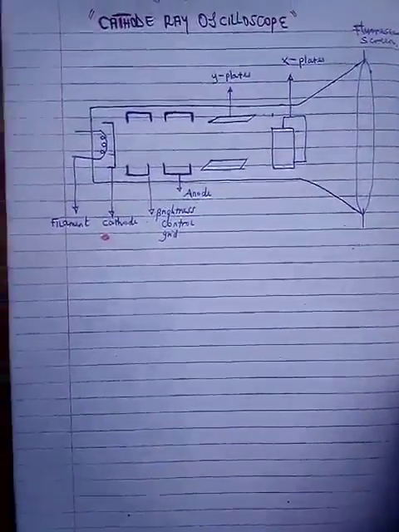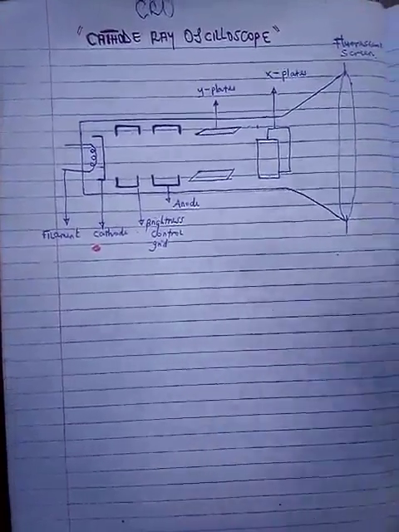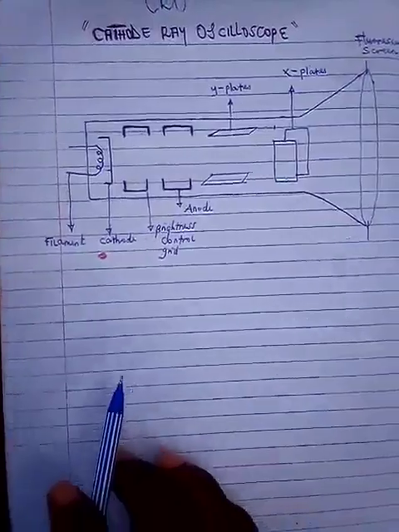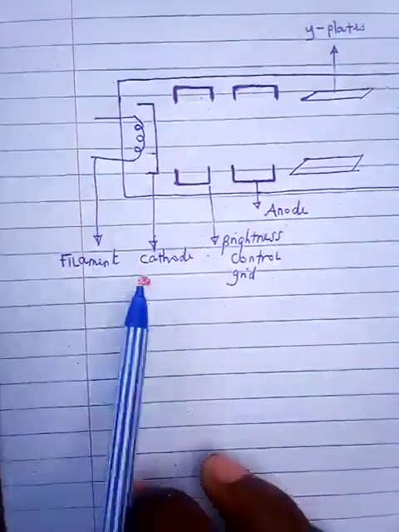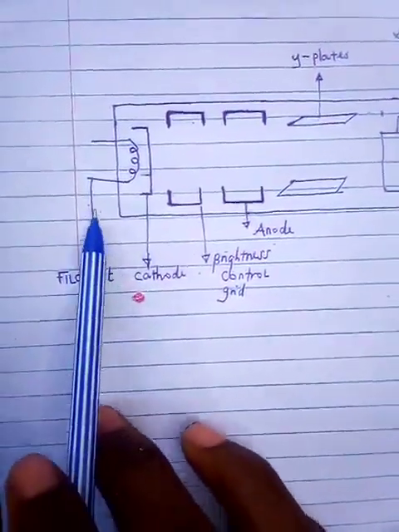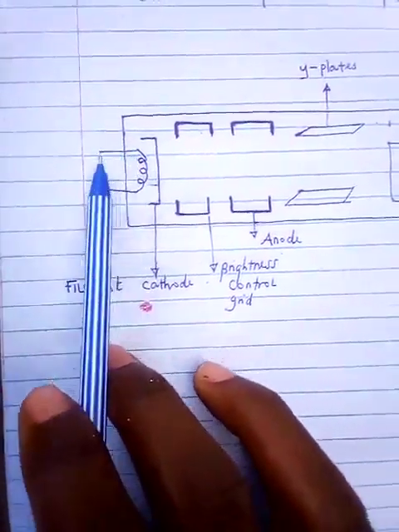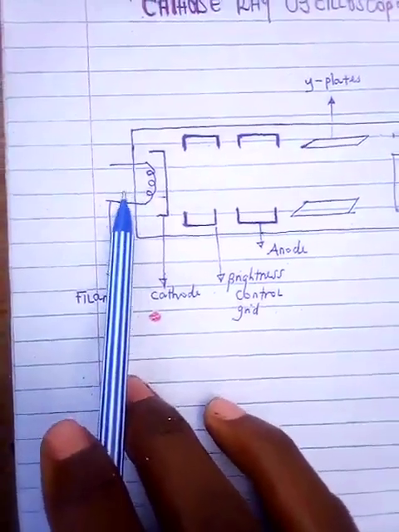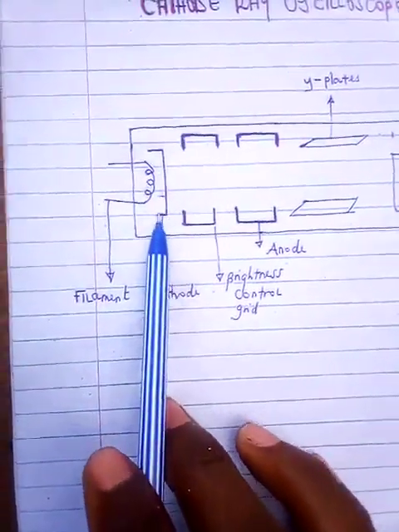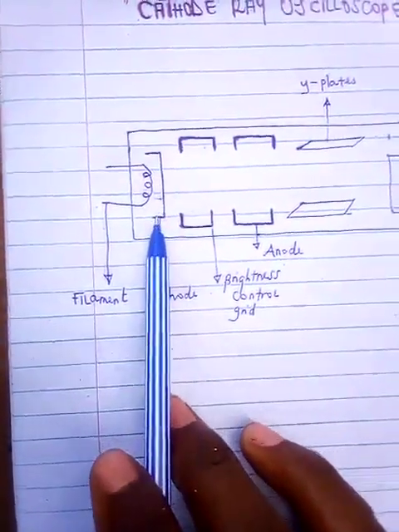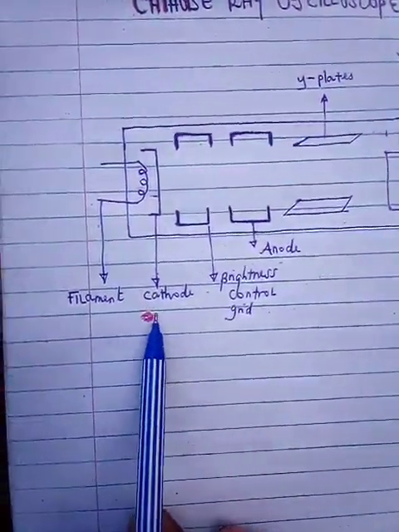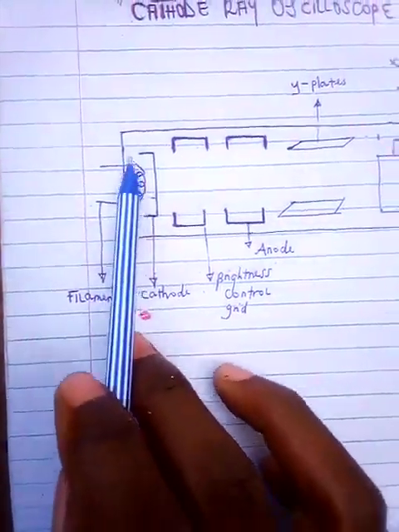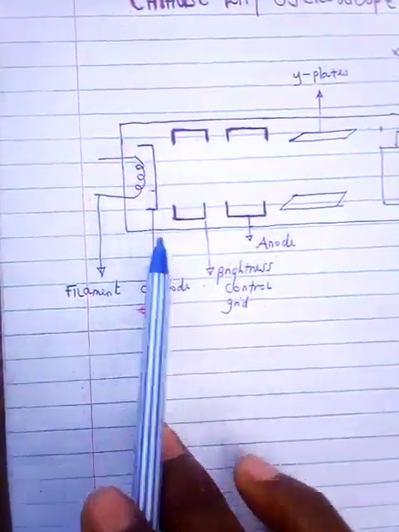Now, how does this cathode ray oscilloscope work? How can we explain its mechanism? If you notice, it has this part here which we call the filament. The function of the filament is to heat up this metal structure which is referred to as the cathode.